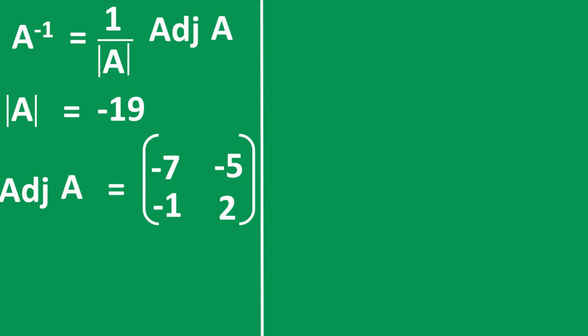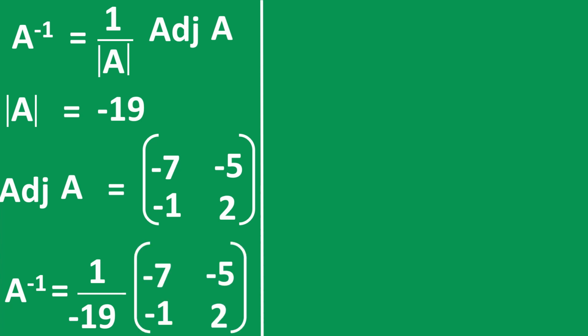Our determinant of A is minus 19, our adjoint of A is as shown, and therefore if we substitute it into the equation above, we get the inverse of A, which is 1 over minus 19 times the matrix minus 7, minus 5, minus 1, 2.